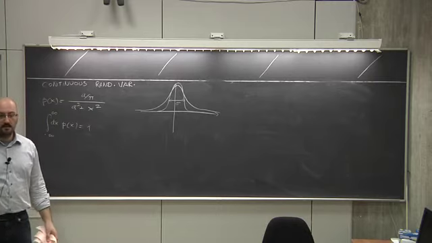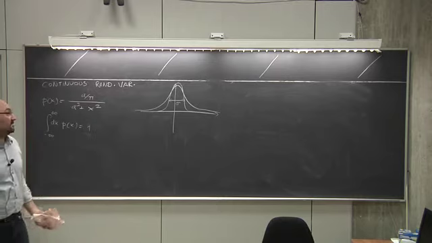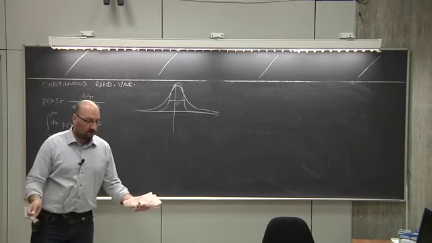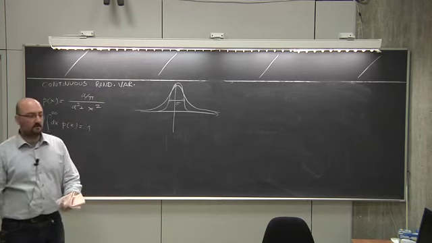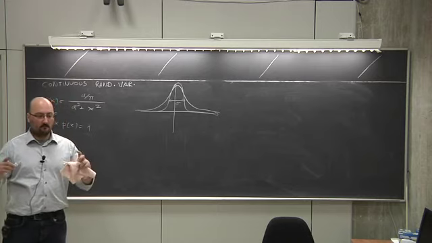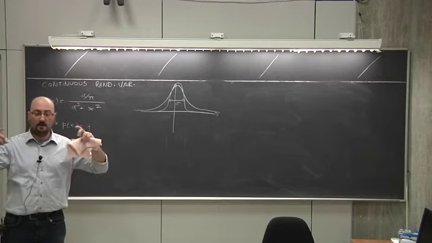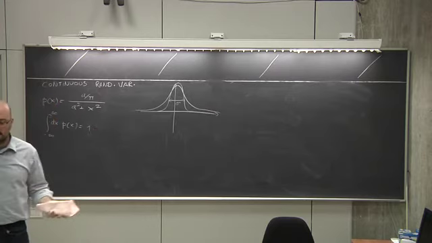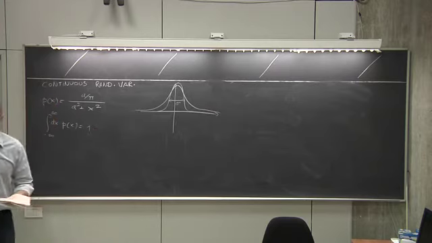Or, for example, you can define the width of the distribution as the two values of x that contain the interval that contains 70% of the probability.